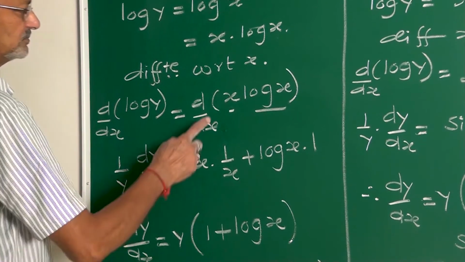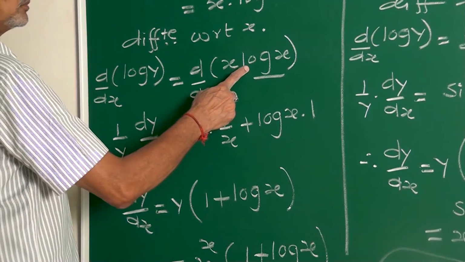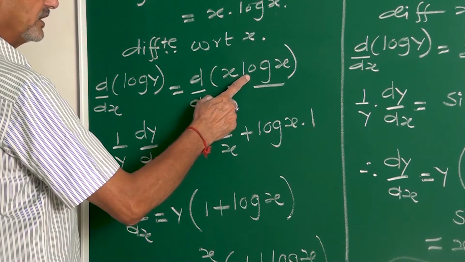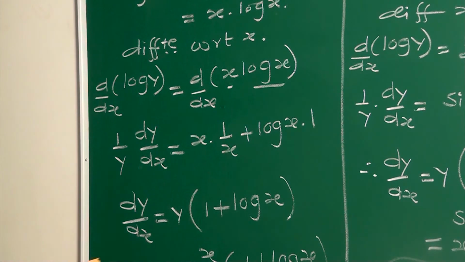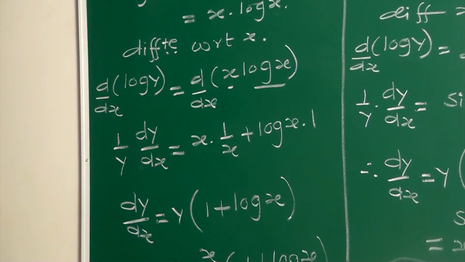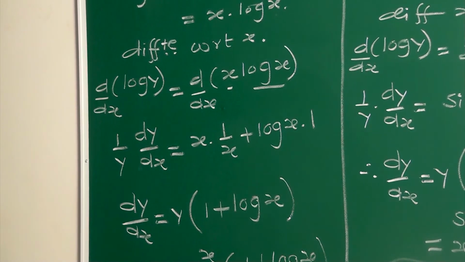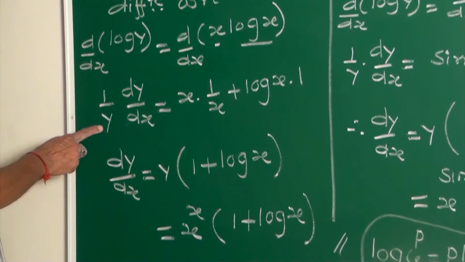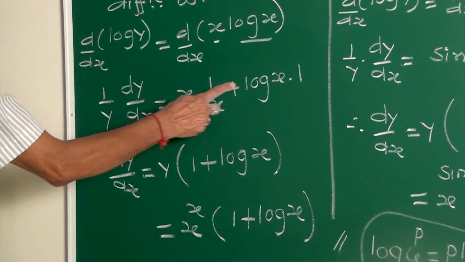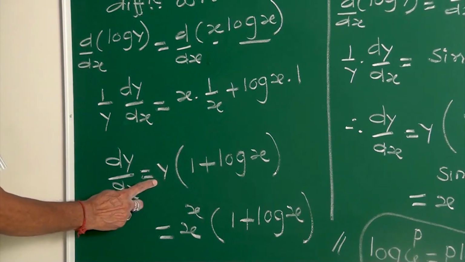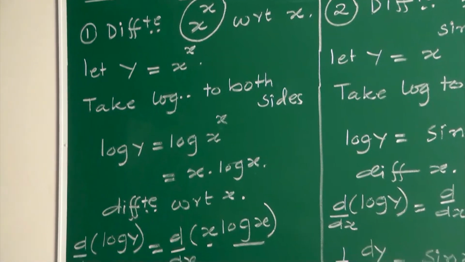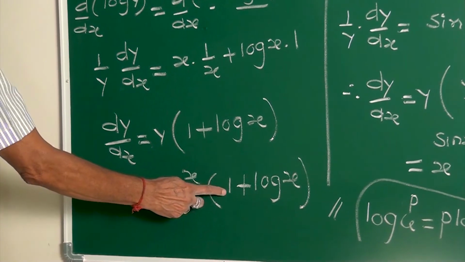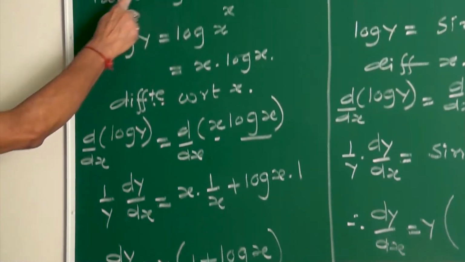Use the product formula: first function as it is into derivative of log x, which is 1 by x, plus log x into derivative of x, which is 1. That x cancels with x, my friend. Therefore, dy by dx equal to y into 1 plus log x. What is y? x to the power x. Therefore, dy by dx equal to x to the power x into 1 plus log x. This is the derivative of x to the power x.